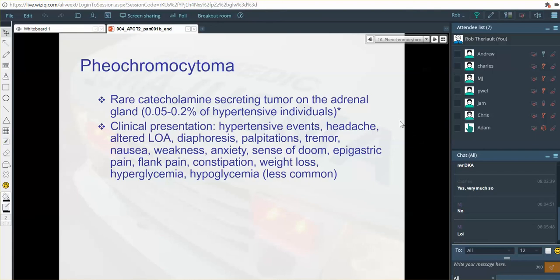But if you do, listen carefully to the history. If they're not a diabetic, especially, and they give you a history of these feelings of doom, flushing, the heart racing, that sort of thing, then there's a potential for pheochromocytoma.